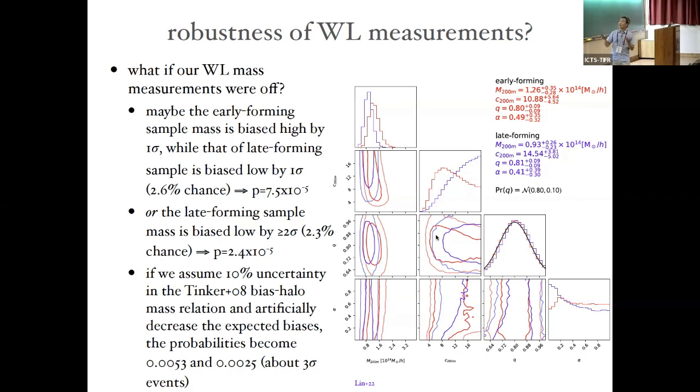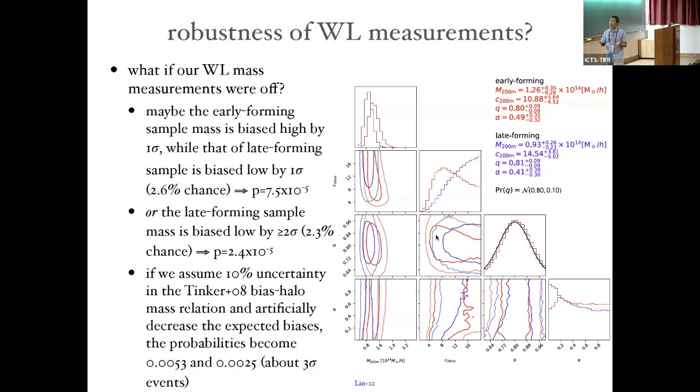So for the first case, after lowering the mass of the early forming sample by 1 sigma and increasing the mass of the late forming sample by 1 sigma, we found that the probability for their bias ratio to be consistent with the measured one is 7.5 times 10 to the minus 5. As for the second case, after increasing the mass of the late forming sample by 2 sigma, the probability is still at 2.4 times 10 to the minus 5 level.